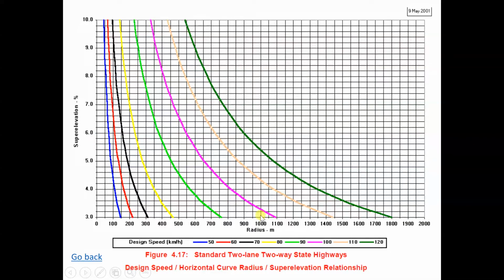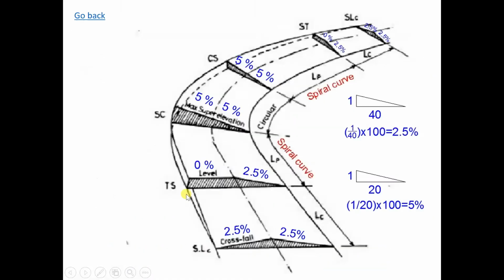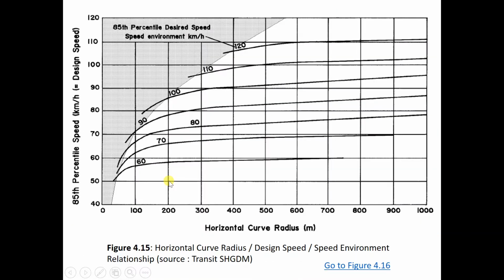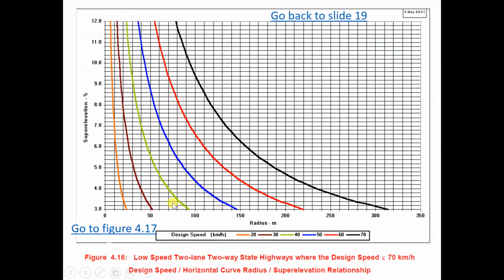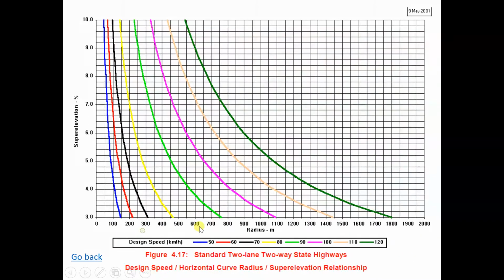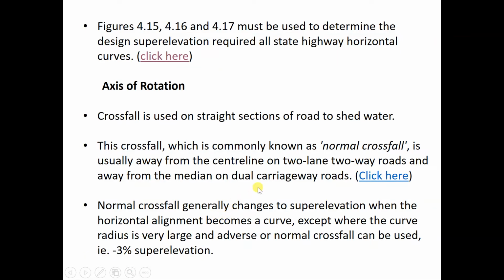Okay, so this is how we can find the maximum super elevations for the various speeds, based on the 85 percentile of the speed.